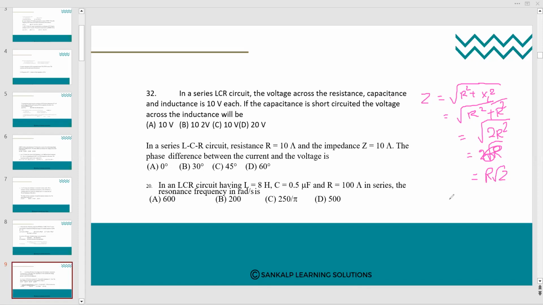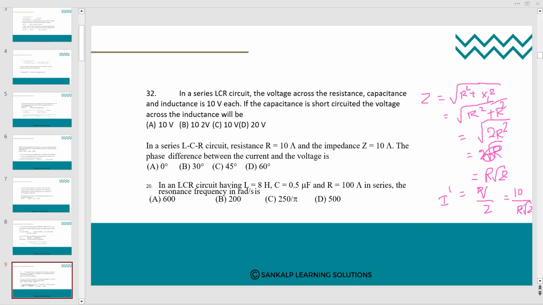Now the new current is given by I dash is equal to V divided by Z. V value is 10 volt, and Z value is R root of 2. So this is the value of I dash.